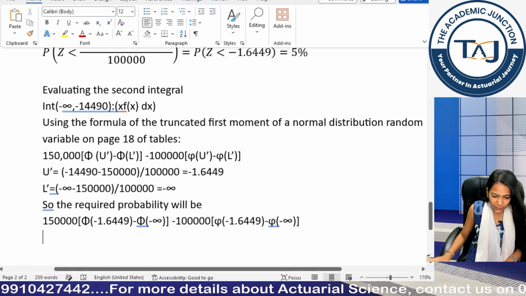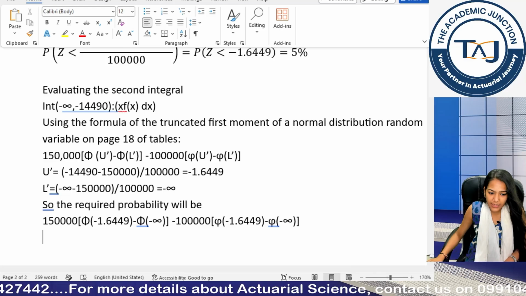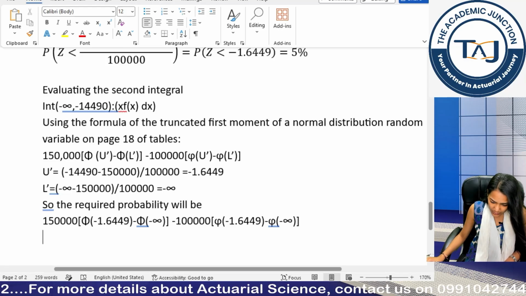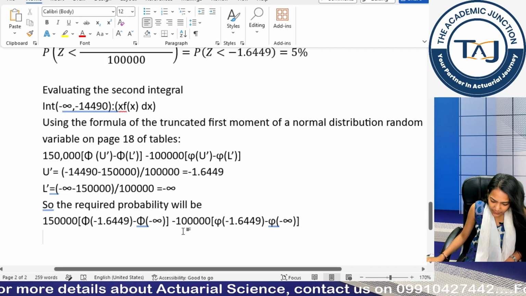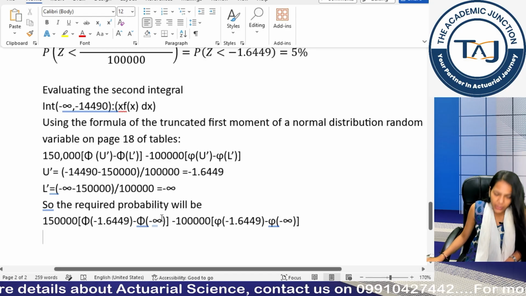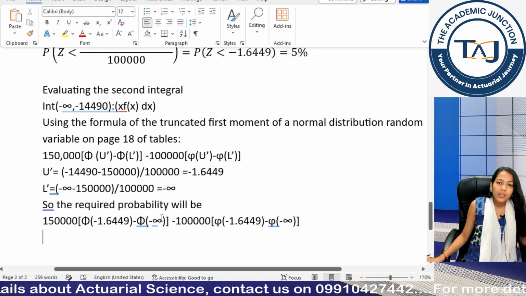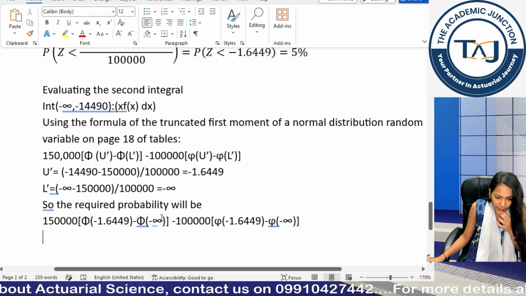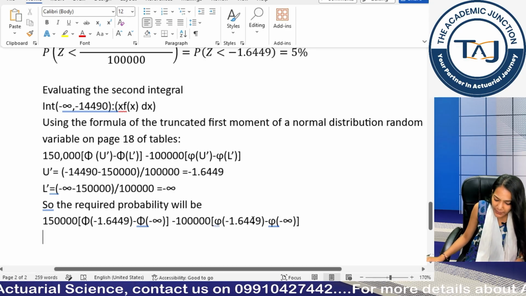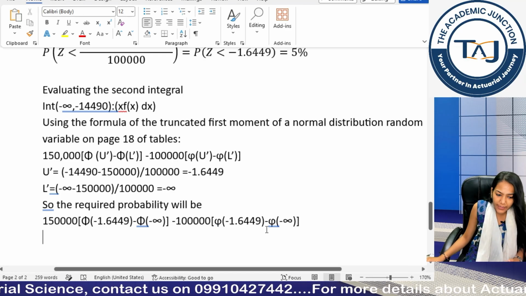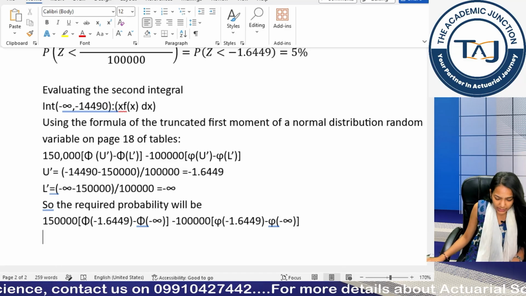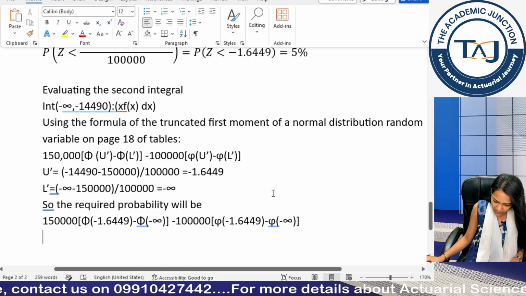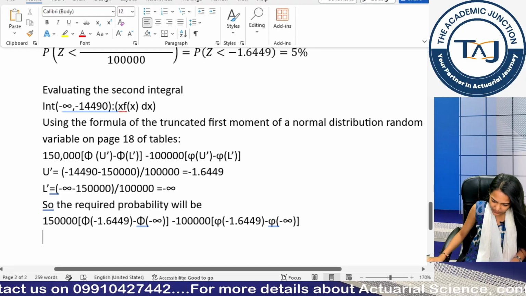Okay. Now we know that this is the CDF, so this basically becomes 0.05, and this basically becomes 0 because there is nothing beyond minus infinity on the left side. Okay, and we can calculate the PDFs using the formula of PDFs. So yes, let's first simplify the equation, then we will simply calculate the PDFs.